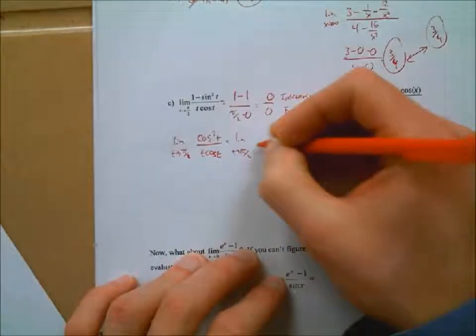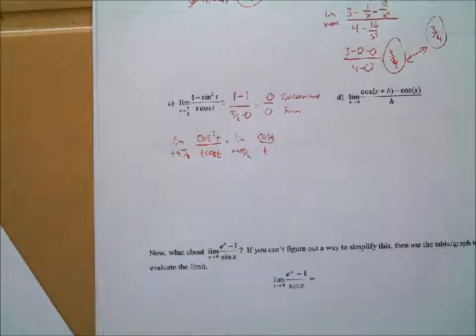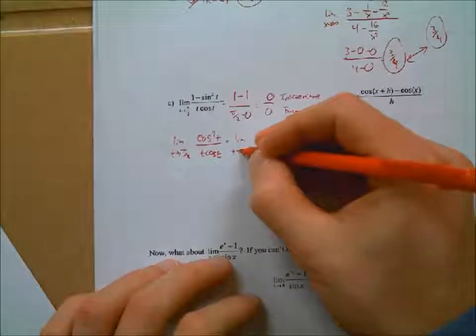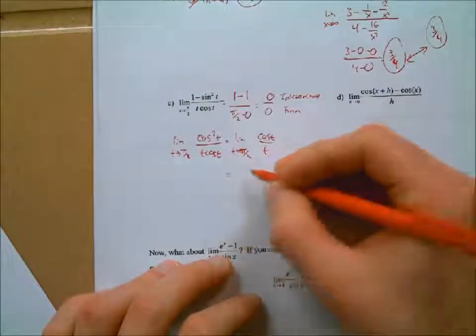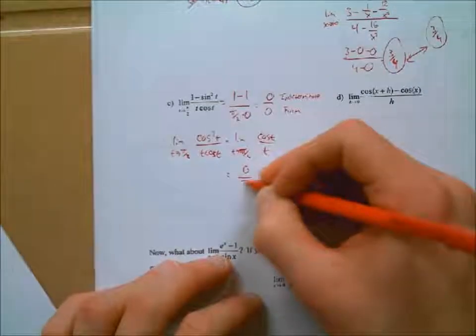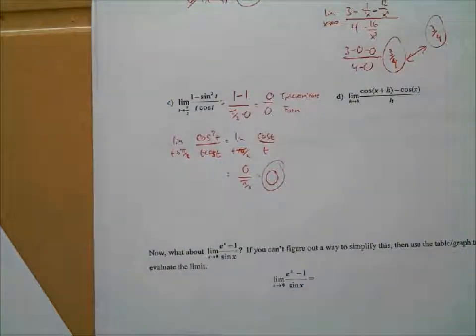Cancel out the cosines, that's right. So we'll have cosine t over t. Now we can plug in that pi over 2, and we end up with cosine of pi over 2, which is 0, over pi over 2. So we end up with just an answer of 0.